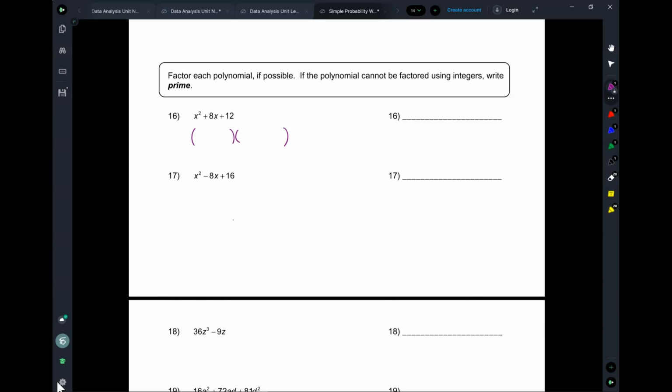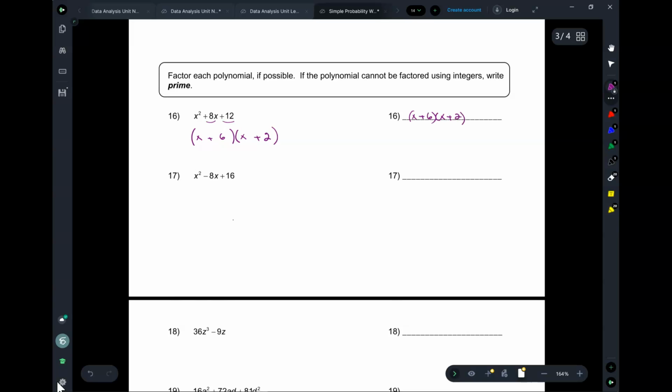In the first slot, I need 2 numbers that multiply to x squared: x and x. Now I need two numbers that multiply to positive 12 and add to positive 8. So 6 and 2, and that's it.